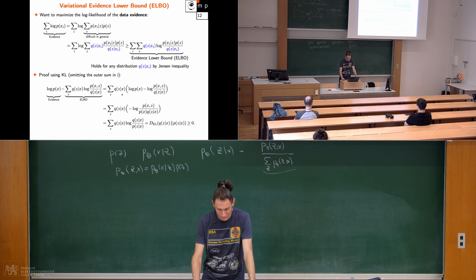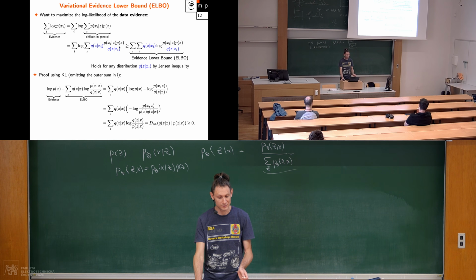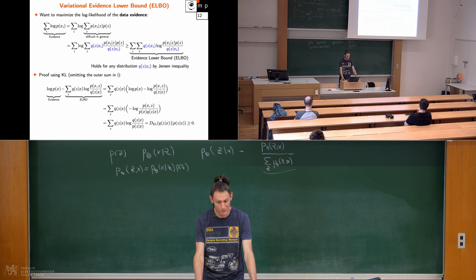There are a few technical steps, which show that this difference can be rewritten as the Kullback-Leibler divergence between this Q distribution, which we put here arbitrarily, so this inequality holds for any Q distribution, and the true posterior. So the gap between our likelihood objective and this lower bound, this approximate thing that we will be able to optimize, is exactly the Kullback-Leibler divergence between Q and the true posterior.